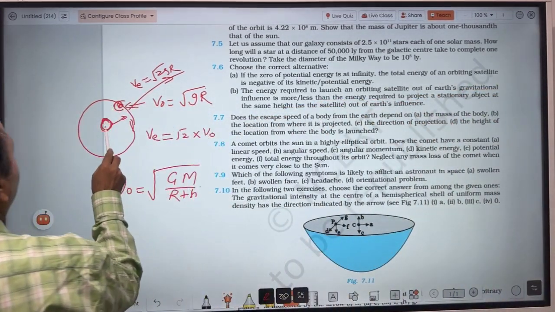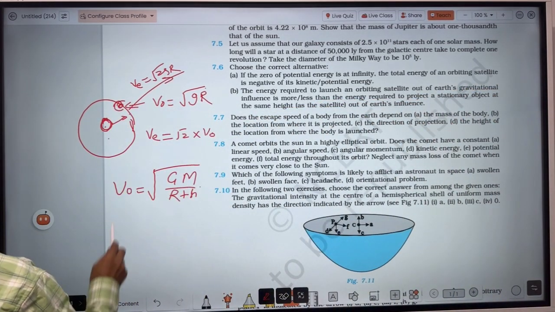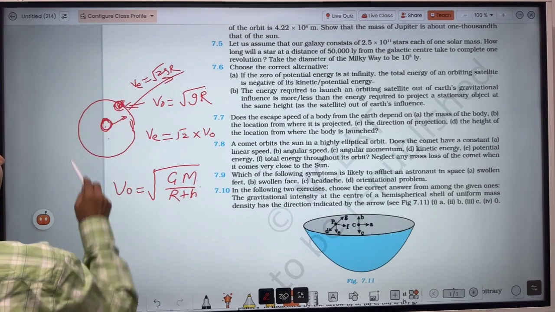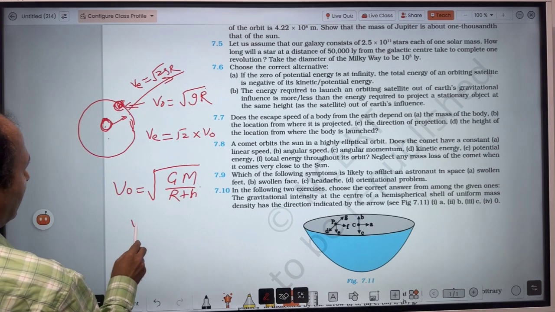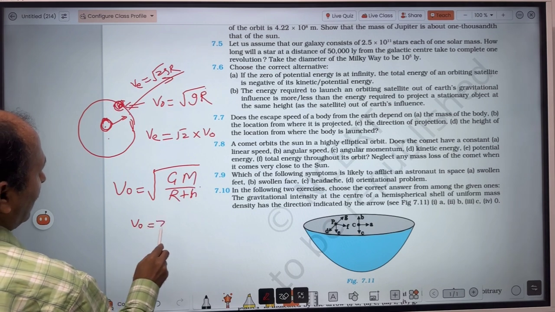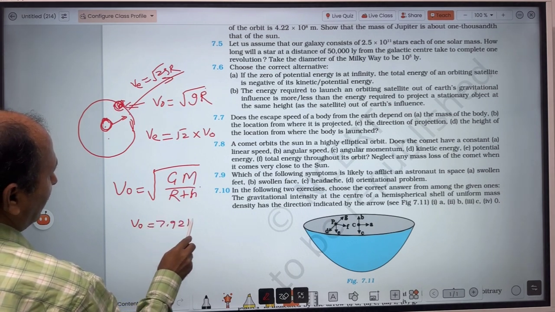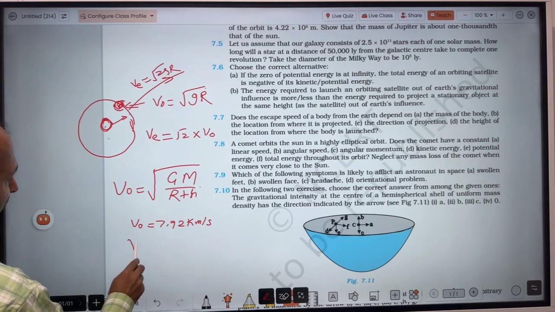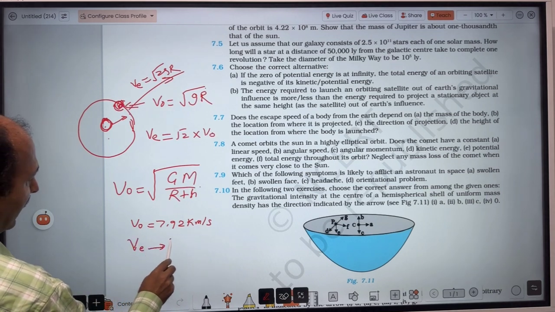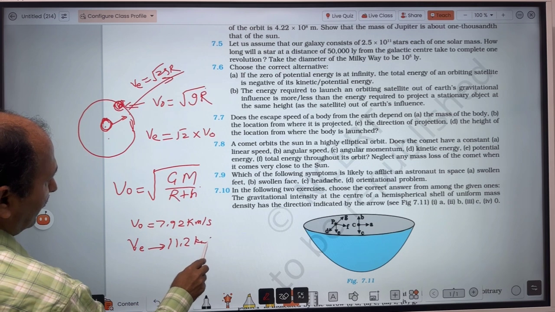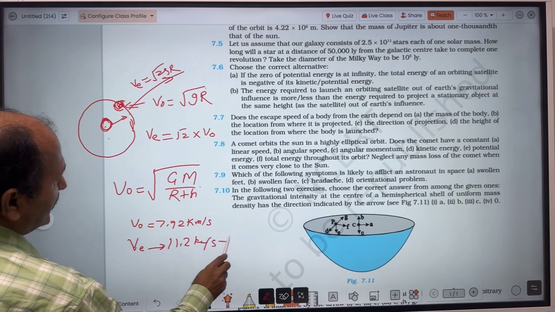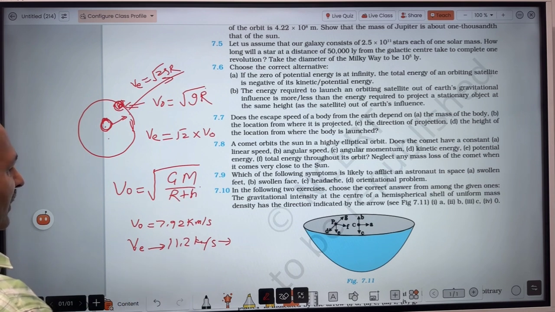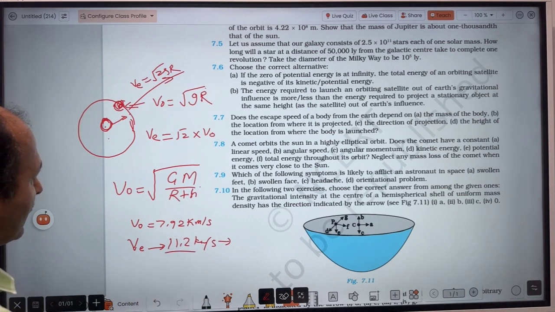So if you want to project from here to here, just in terms of velocity you can consider that for an orbiting satellite the velocity is around 7.92 kilometer per second, right? Just make it 11.2 kilometer per second to escape. It will escape from Earth's gravitational pull if this velocity is attained.